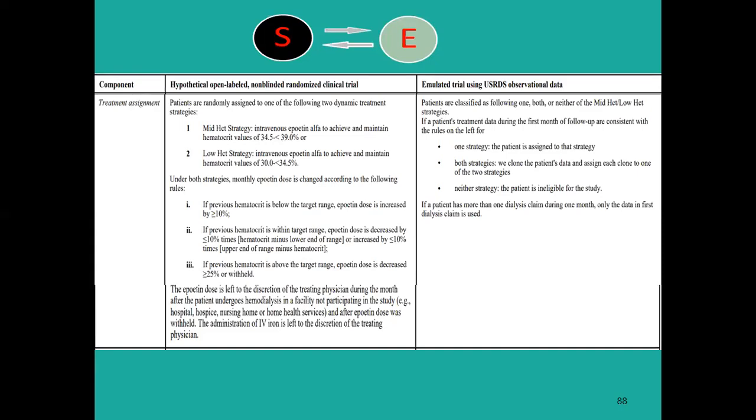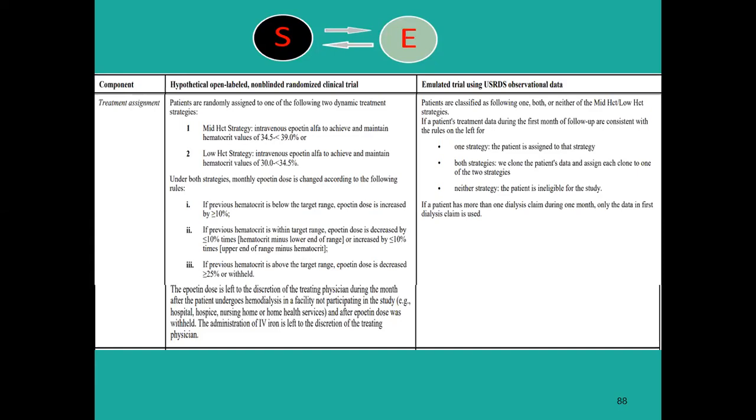In the last case study, we defined the rules for how to achieve the target hematocrit differently. Last time we said, for example, for the low hematocrit strategy, if the observed value is below the lower end of the target, we increase exactly by 15%.